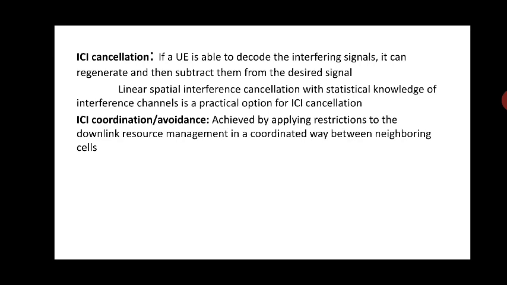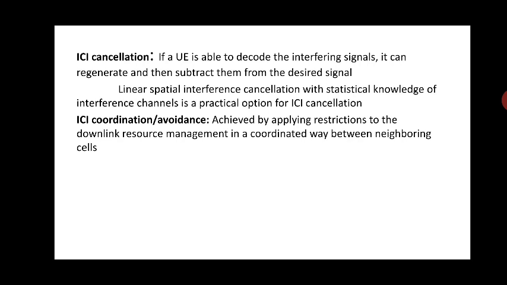This is achieved by the multi-user detector, in which, however, to decode the interference signal from the neighboring cells, the user equipment needs to know its transmission format. That is very much essential for the cancellation of signals.